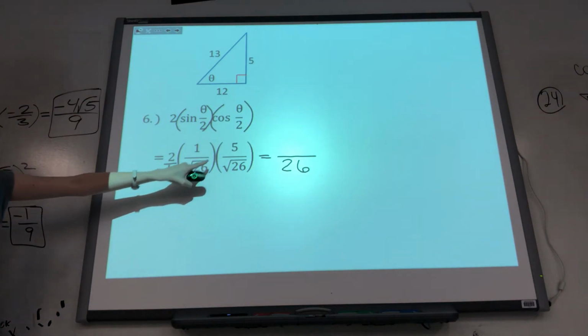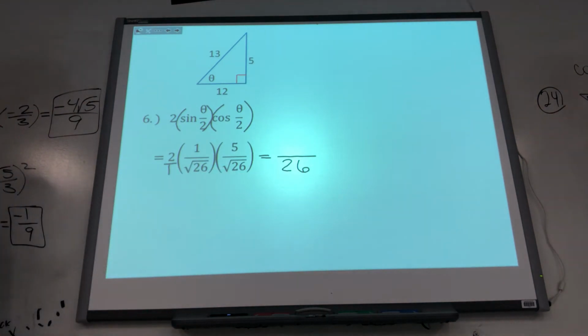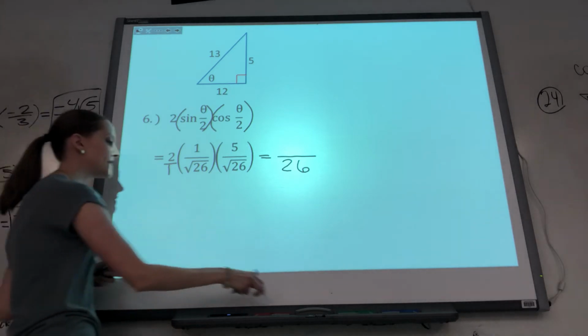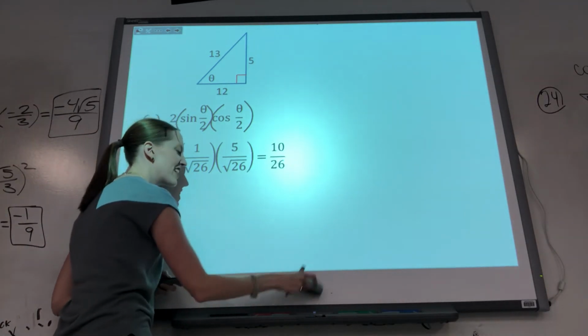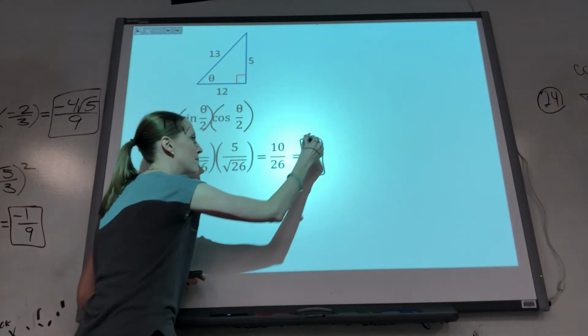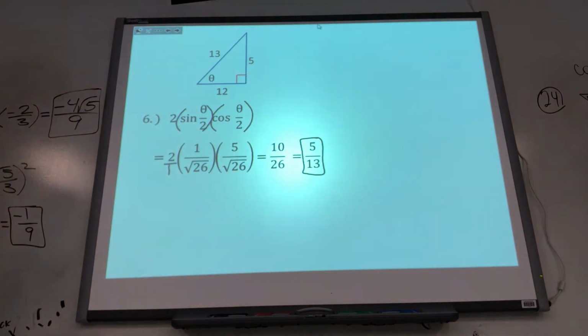Square root of 26 times square root of 26 is just 26. And I think you get a 10 on top. So you would want to simplify that. Just turn that into 5/13. Okie doke. Not too bad.